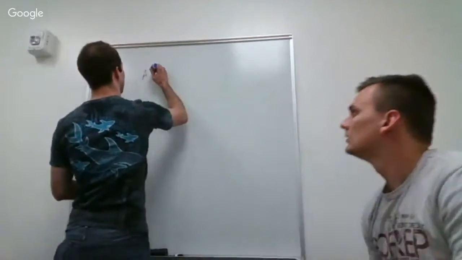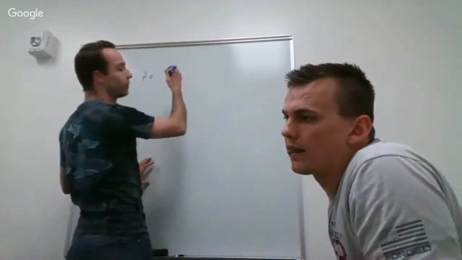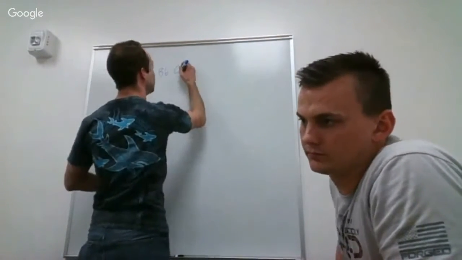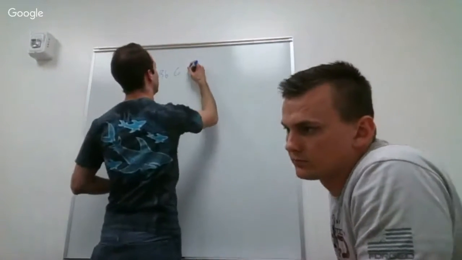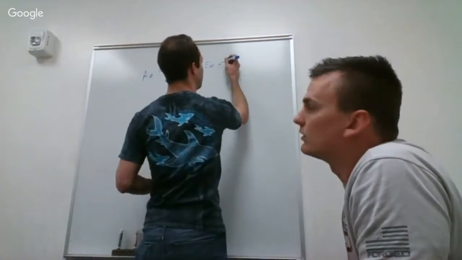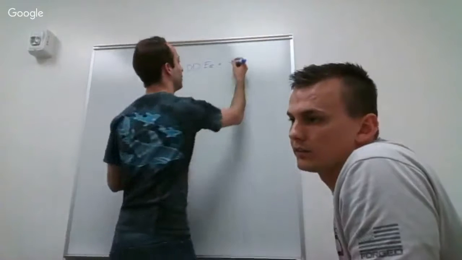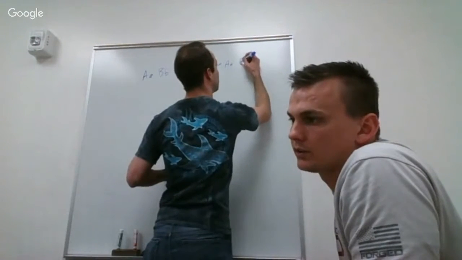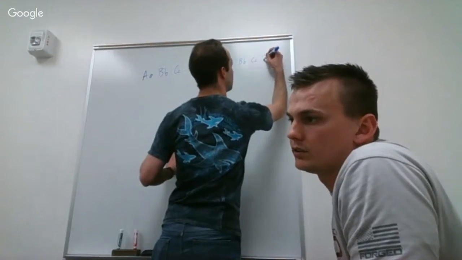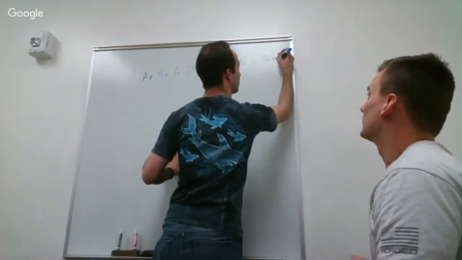So it's a big A, little a, big B, little b, big C, little c, big D, little d, and big E, little e, little e.